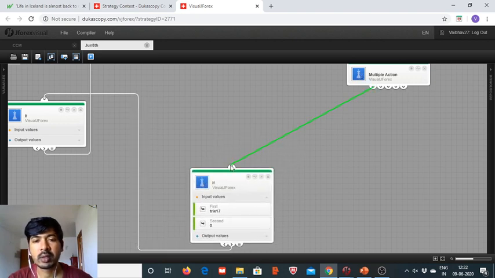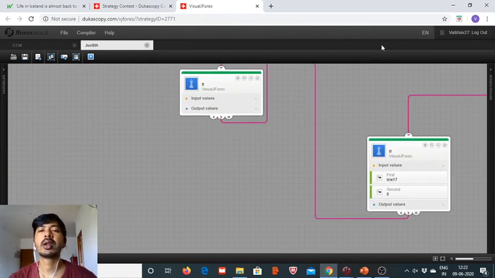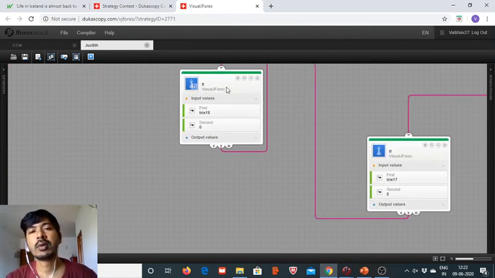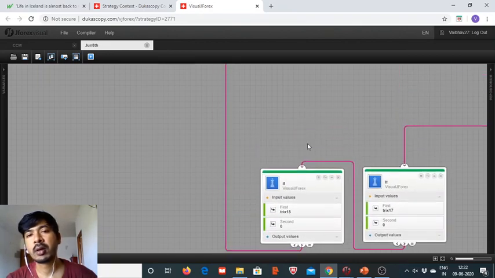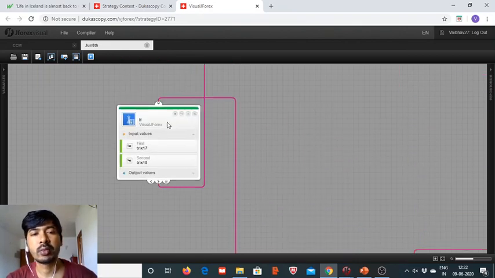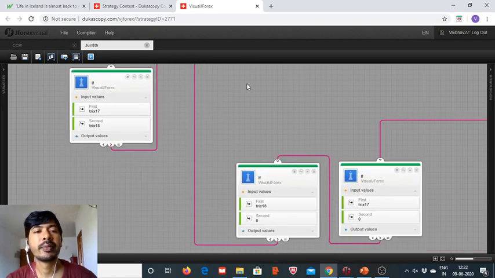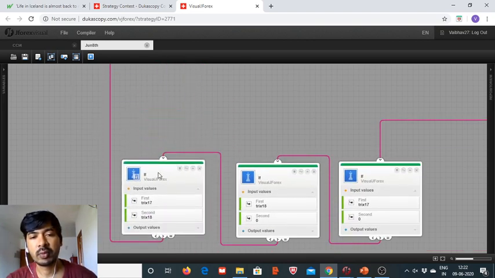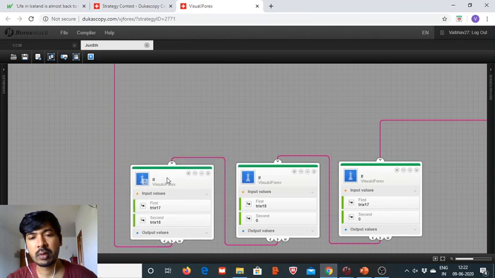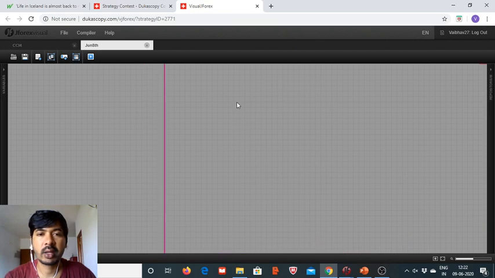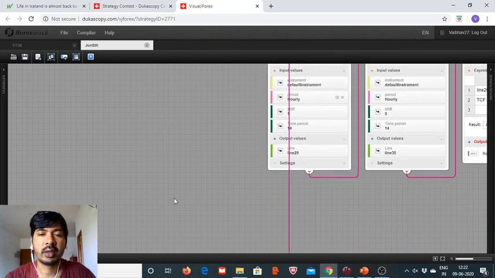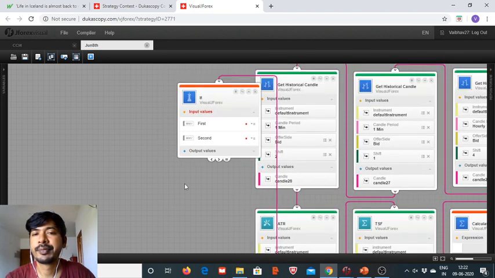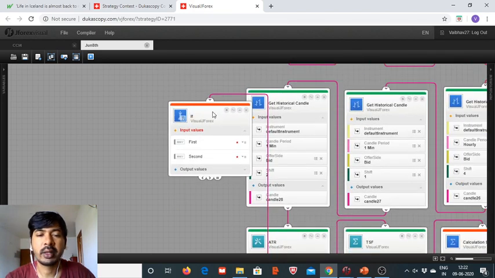We have connected the flow, so we got this color coded now, and it means our algorithm is connected to the start point and the flow is working. Now let us define the conditions for the TSF and the historical candles.